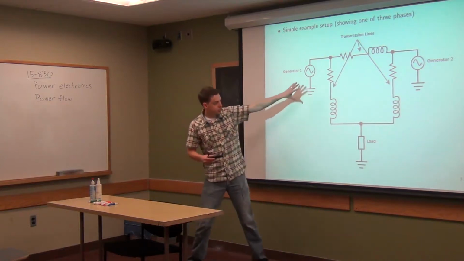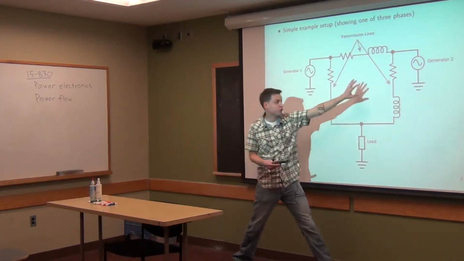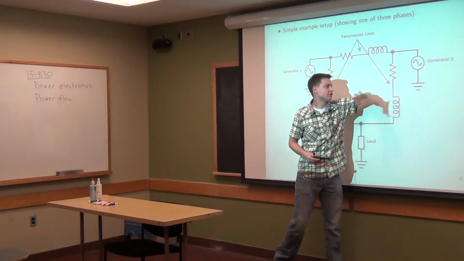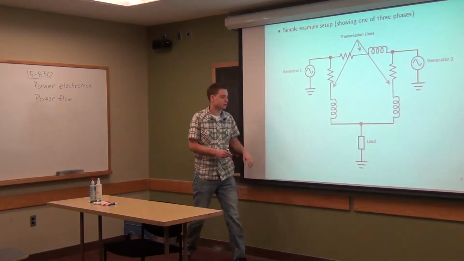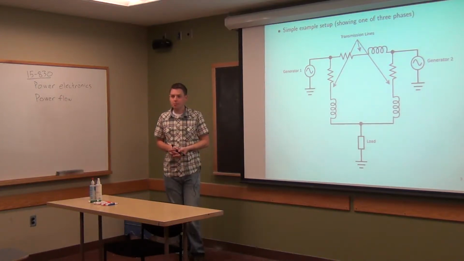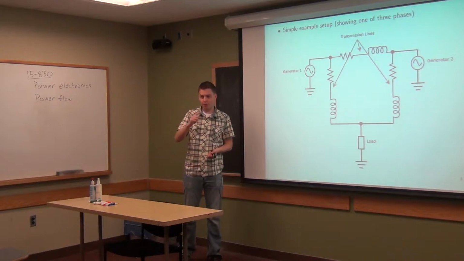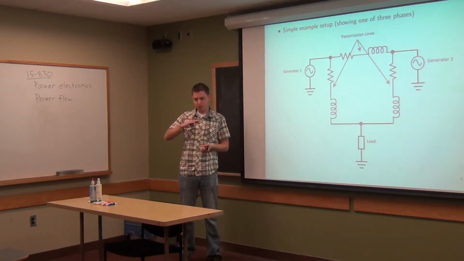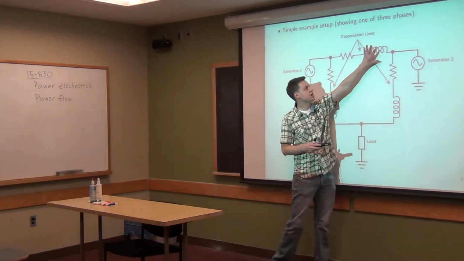So just like in our old circuit diagrams, we have all these things, right? We have some generators, which for now we can informally think of as voltage sources. We have some loads, which might just be resistive or some inductive load there. And then we have transmission lines. There are much more complex models of transmission lines. You'll actually talk about one in the homework. But for the simple case, let's just think of a transmission line as having some resistance and some inductance.